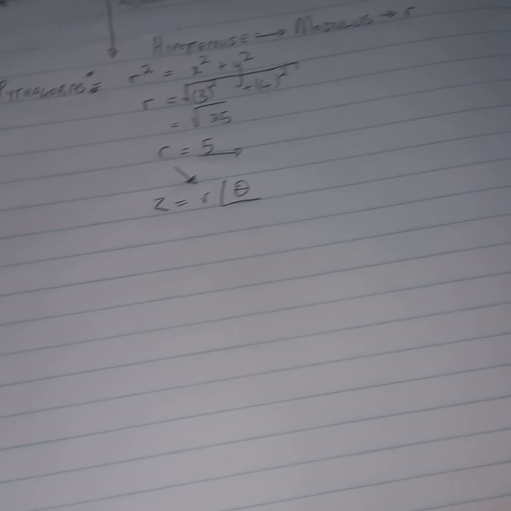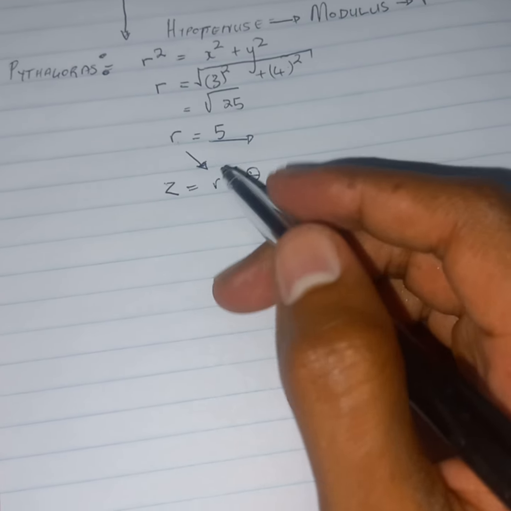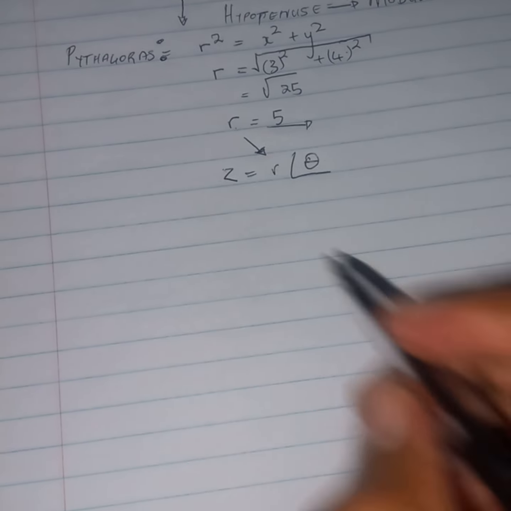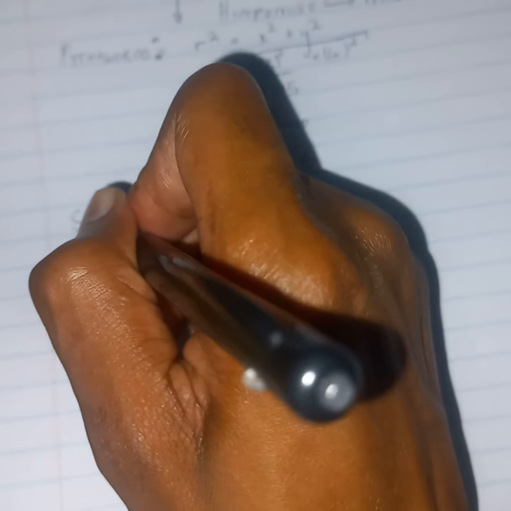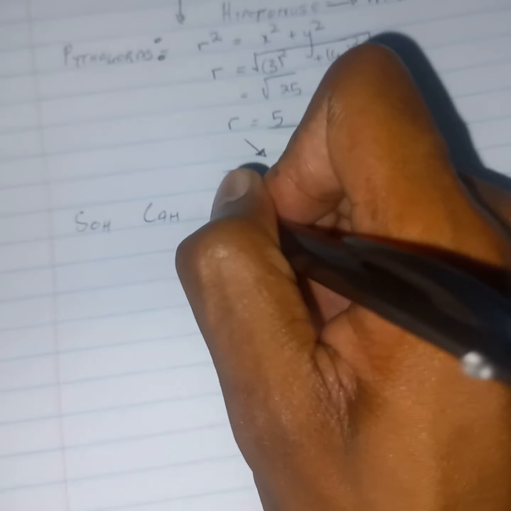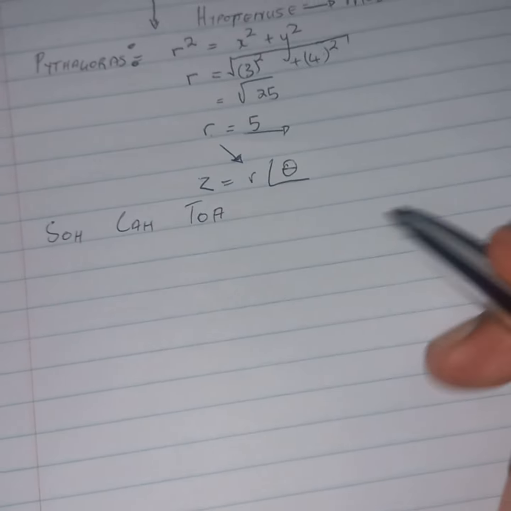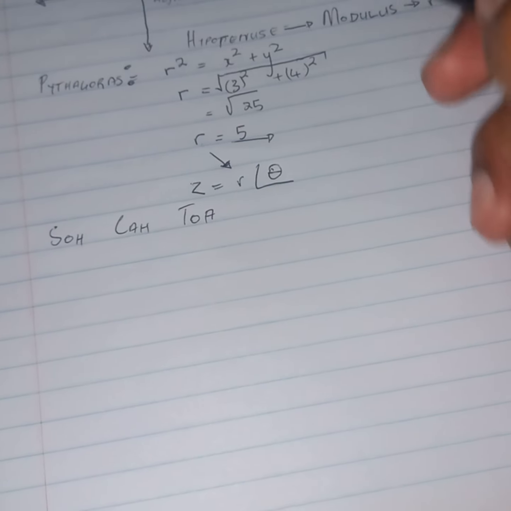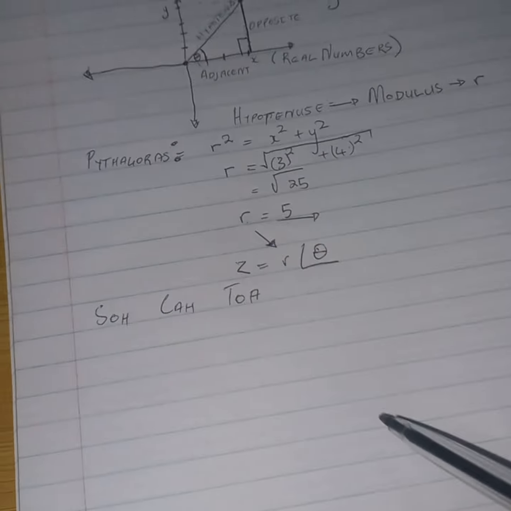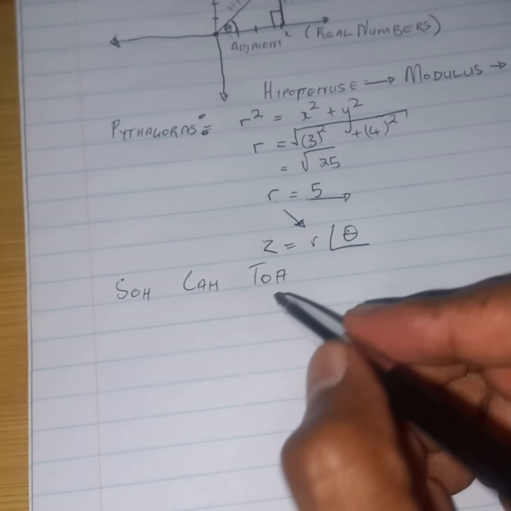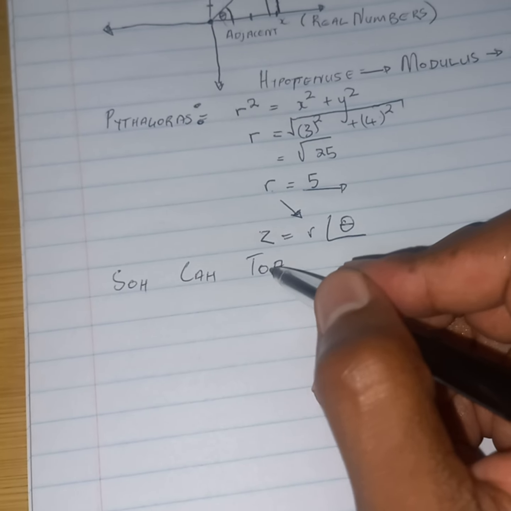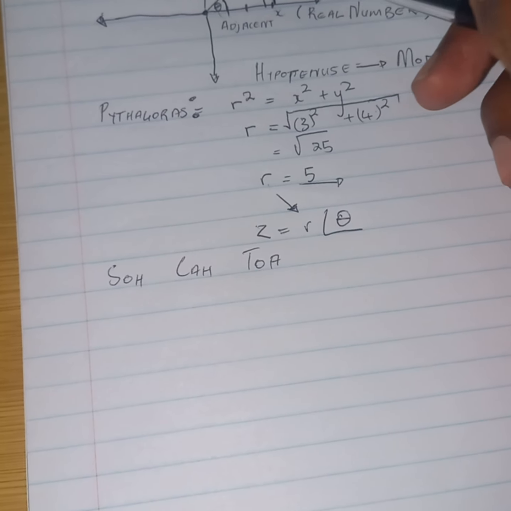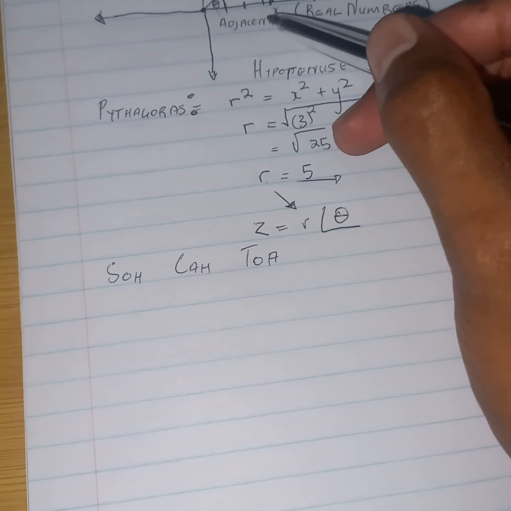Since we have ourselves a right angle triangle, we are welcome to use our trig ratios, which is SOH CAH TOA. If I'm going to rely on what we had initially, which is x and y, or the opposite and the adjacent, then I can rely on tan, which is opposite divided by adjacent.